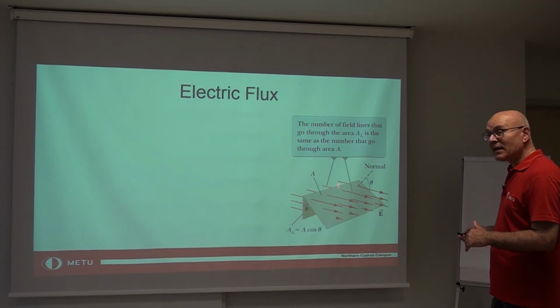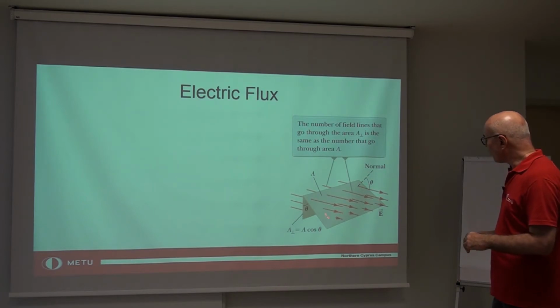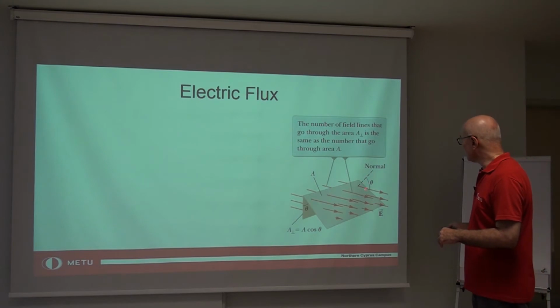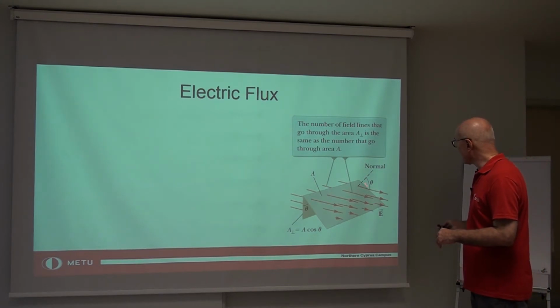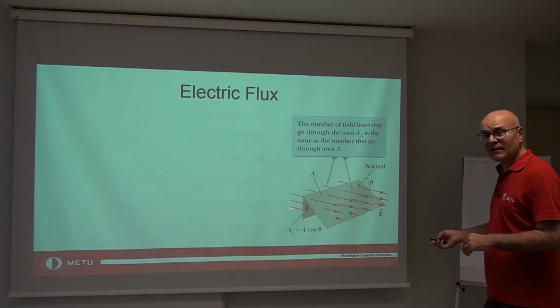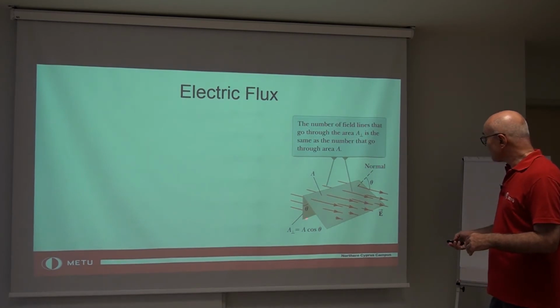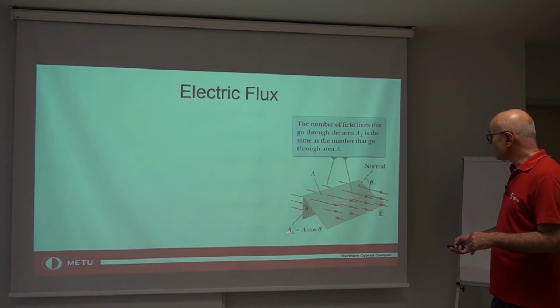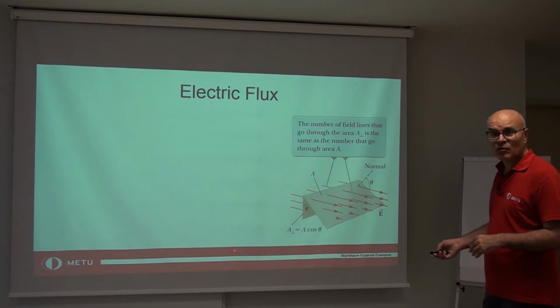Now, for a planar surface in a uniform electric field, the field is the same at all points. This theta, which is the angle between the uniform electric field lines and the normal, is also this theta, geometrically, and therefore the projection here is A perpendicular equals A cosine theta.